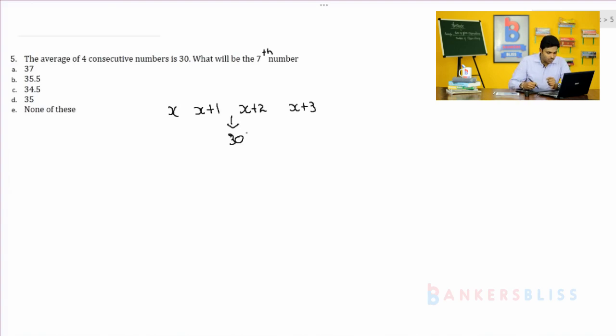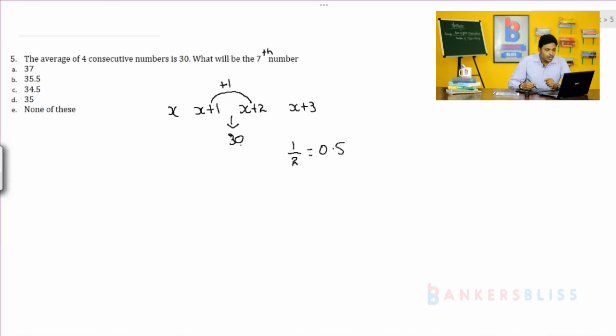What is the difference between x plus 1 and x plus 2? The difference is 1. So I have to calculate the average between these two numbers, so I divide by 2. 1 divided by 2 means 0.5.